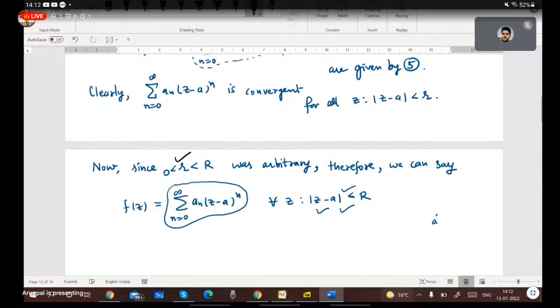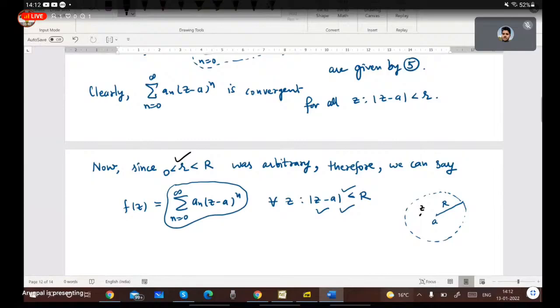This condition means, class, all those jets which are inside it, at least for all such jets, we are getting the convergence of this series.